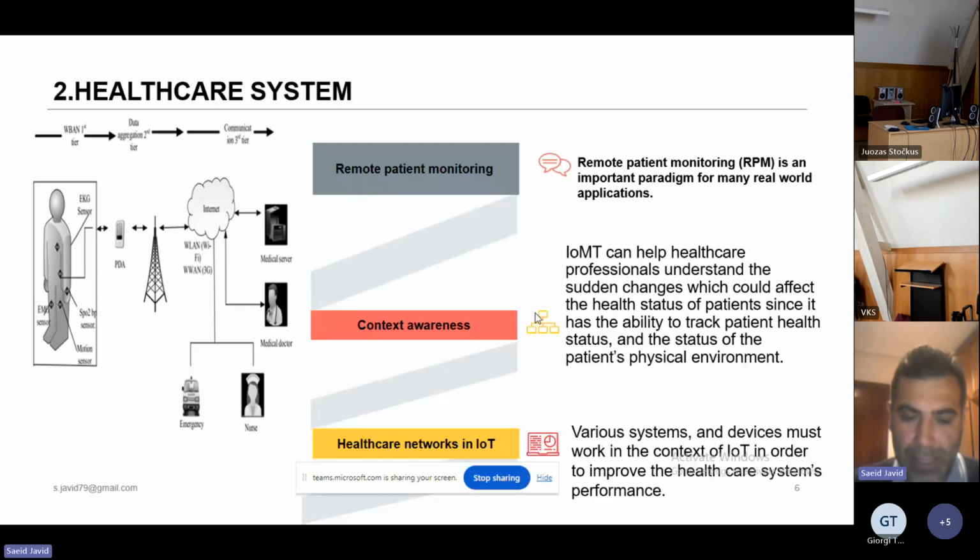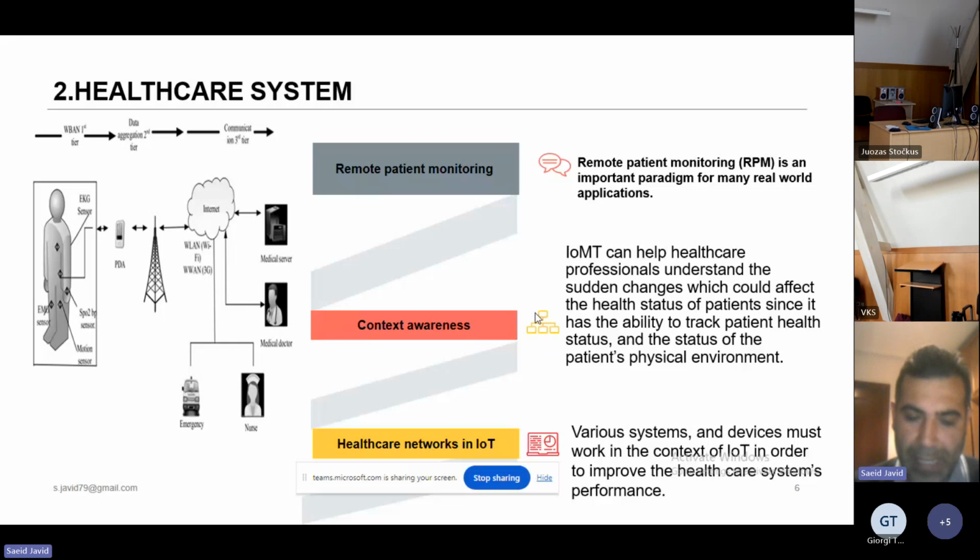As a result, this system provides information about the patient's health status and offers immediate treatment, which reduces further complications and negative side effects.